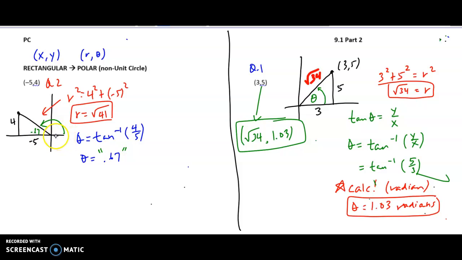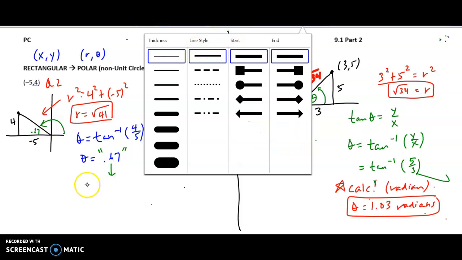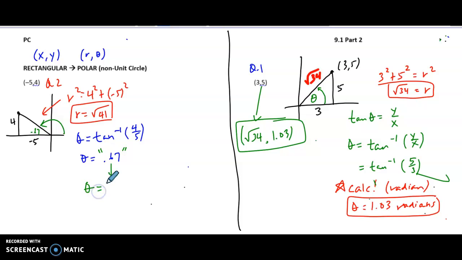What that means is, if that's the angle inside the triangle, 0.67, we need the angle from the 0 degree mark. And so we need this angle. How do we figure that out? The angle is actually pi minus 0.67, because pi is your 180 degrees.